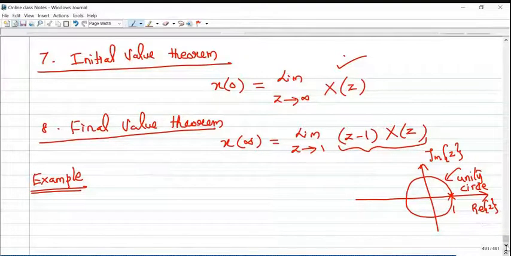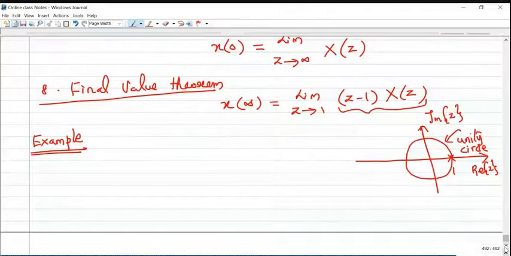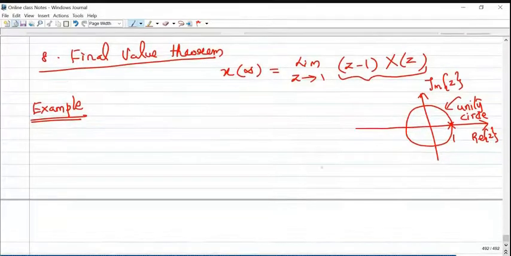So remember this concept: for the final value theorem, check whether all the poles lie within the unity circle or not. If all the poles lie within the unity circle, then the system is a stable system. Similarly, in Laplace transform, if all the poles lie in the left half of the S plane, then the system is stable. Here, if poles are inside the unity circle, then the system is stable.